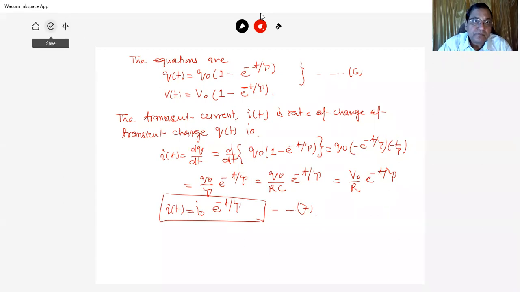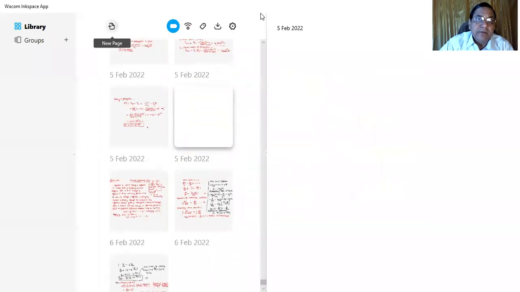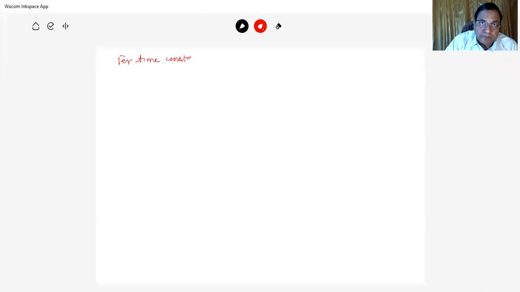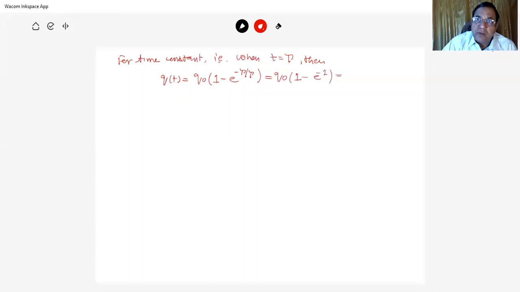So now we can have the time constant. When t is equal to tau, then Q(t) is equal to Q0 (1 minus e raised to the power minus tau upon tau), that is Q0 (1 minus e raised to the power minus 1), that is Q0 (1 minus 1 upon e), that is Q0 (e minus 1) upon e.